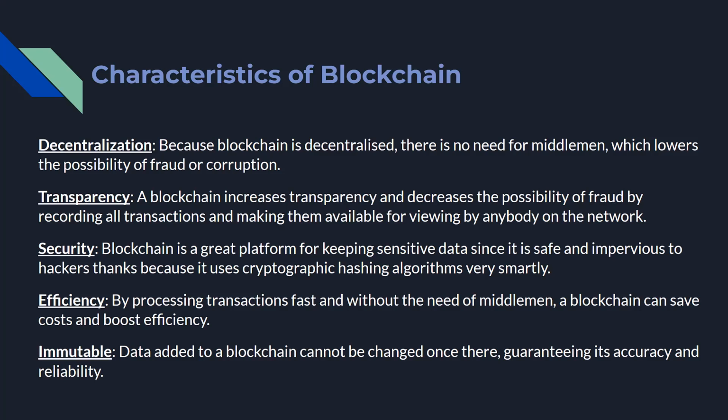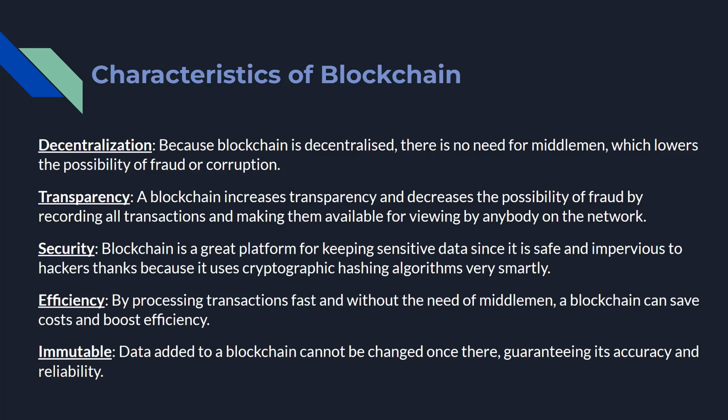Also, the next point is a very, very important characteristic of blockchain, that is immutable data. What it means is that once the data is added to a blockchain, we cannot tamper with the data, and we cannot change it. For that reason, first we need to understand why the data is secure.